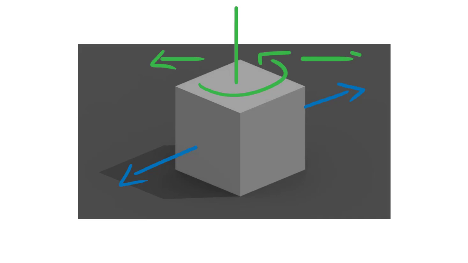Returning to the cube example, our transform.translate will move through the z-axis, so our forward and back, and our transform.rotate will rotate around the y-axis, so our character rotates left and right.